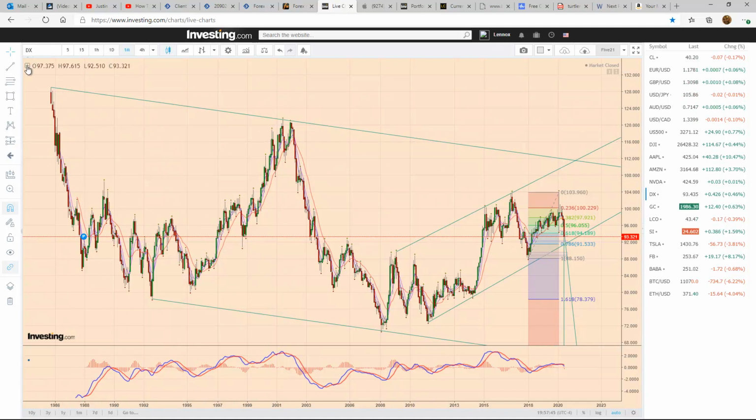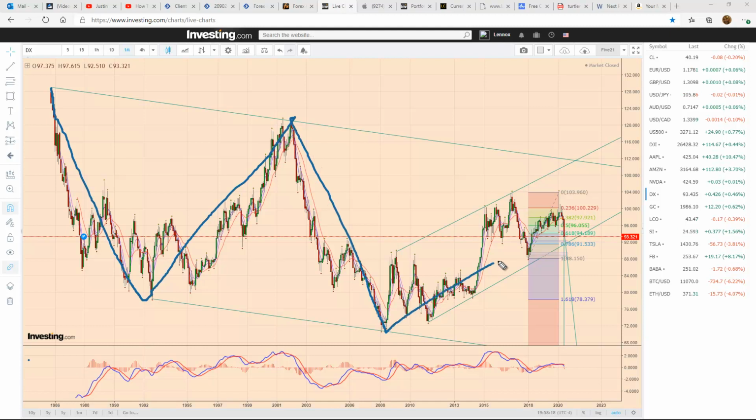So they call it the US dollar index futures. You can see that we've been in this huge channel, and it looks like we're in a triangle, and basically we've been going to the downside. This is from 1985, the beginning of that chart, to this down move in 1992, up to this level in 2000, 2001, back down again in 2008, and now we're heading to the upside, on a trajectory back up to the top trend line.